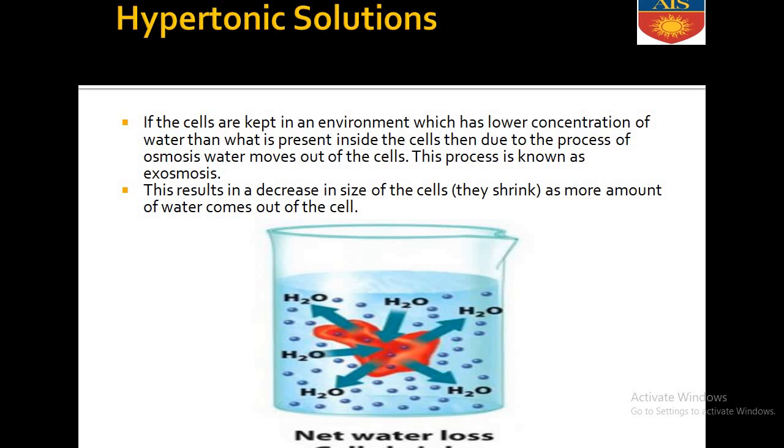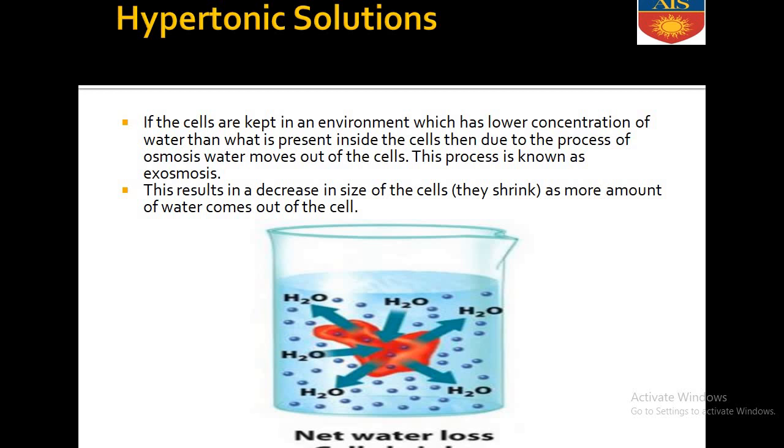So it is a hypertonic solution, and inside the cell the water content is more. We all know that cucumber has a lot of water. As a result, the water comes out from the cucumber, which leads to exosmosis, and the cucumber slices shrink and get shriveled. So this is an example of a hypertonic solution.